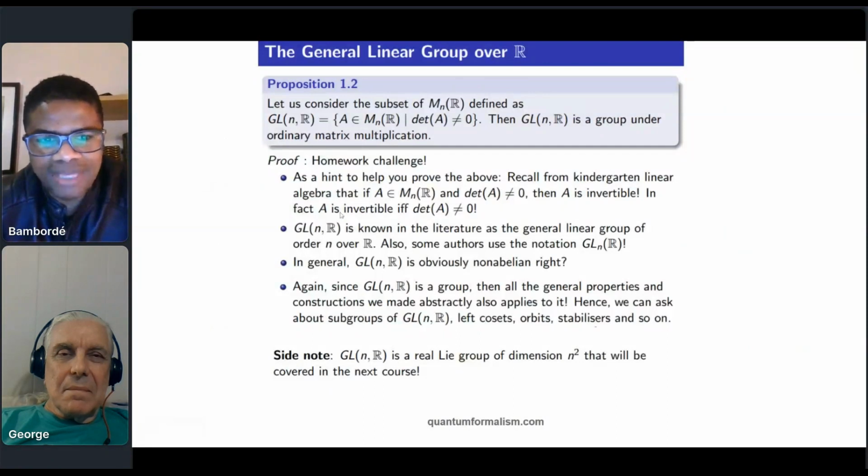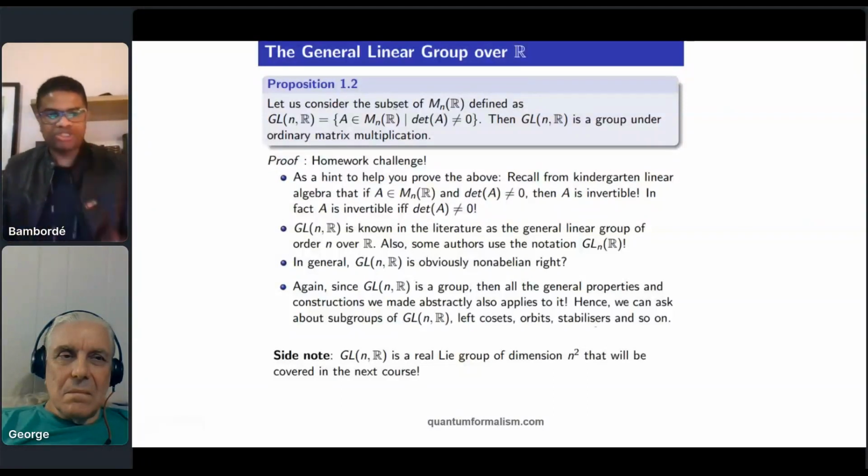So for the time being, this is defined like this. This is the subset of n by n matrices whose determinant is non-zero. Any n by n matrix with non-zero determinant belongs to this set. The claim is this is a group under ordinary matrix multiplication.